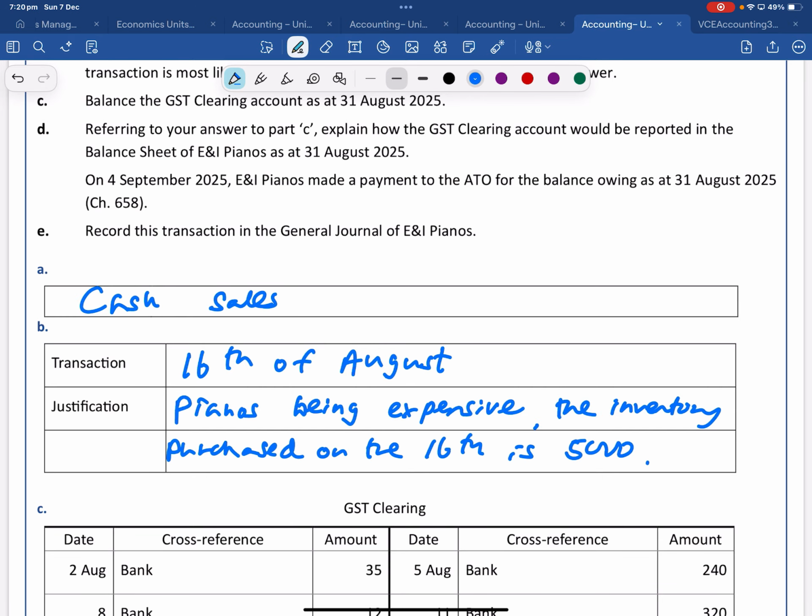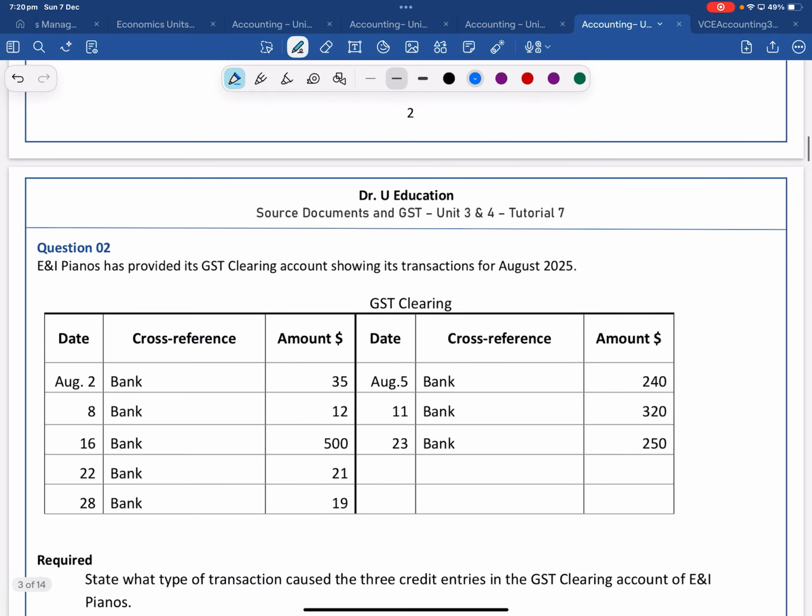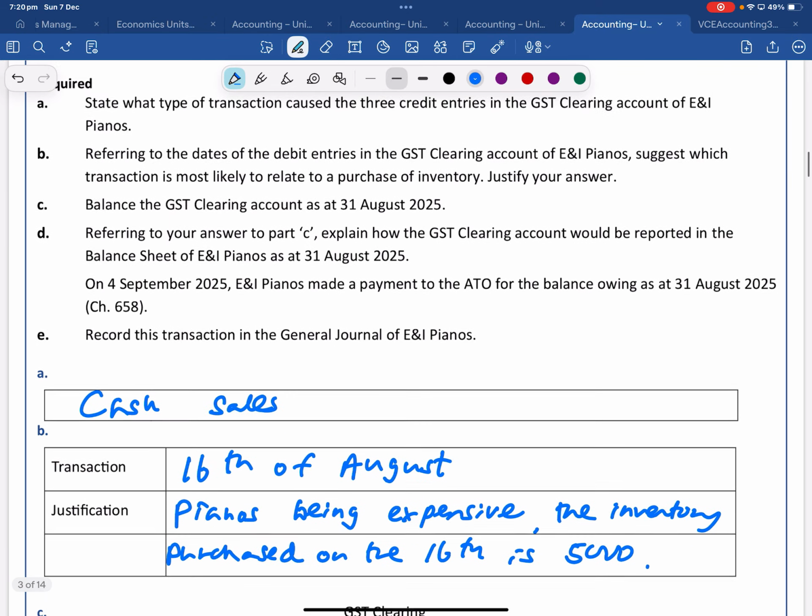No. At the table, the amount is just 500. What is GST? That's the GST about inventory. Wait, shouldn't it be like 550? No, because the GST amount is 500, which is 10%. Then it could be any.